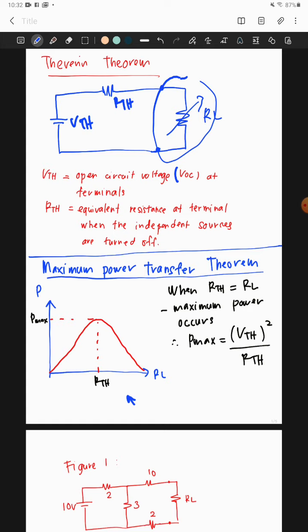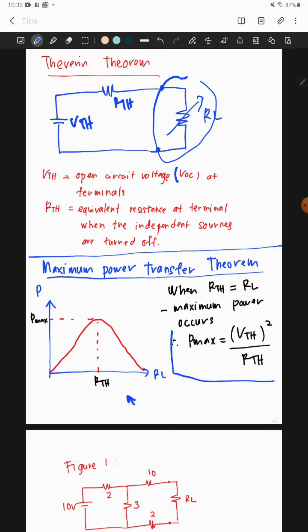You need to vary the value of RL for the simulation. And when your RL is equal to RTH, maximum power will occur. Then you can calculate the maximum power by using this formula.